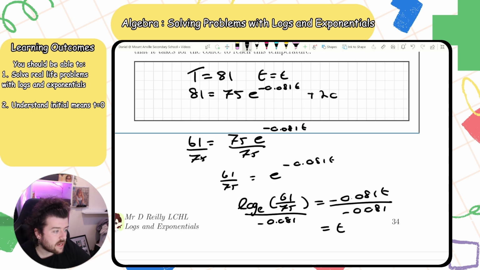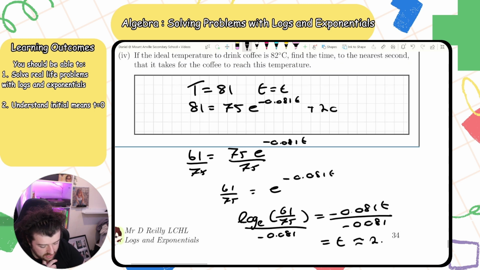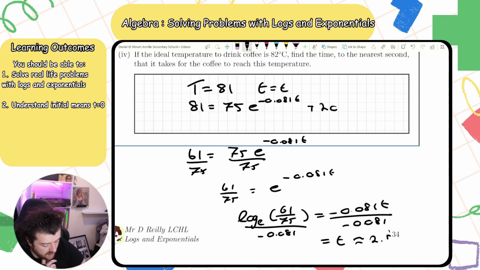Time is going to be equal to ln of 61 over 75, divided by minus 0.081. And we're going to get here time is going to be roughly equal to 2.55 minutes. But it says round to the nearest second, so I was being a little sneaky.